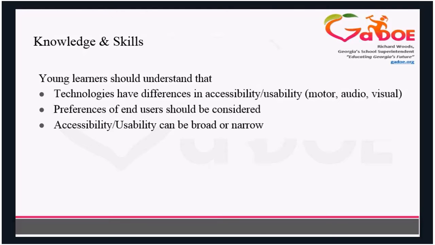So the knowledge and skills around this, again, going back to the differences in accessibility and usability. How easily can it be accessed? And that even points to, is it a product that is going to be, for example, uploaded on the Scratch website where anyone who has access doesn't have to pay for it, and that's accessible.